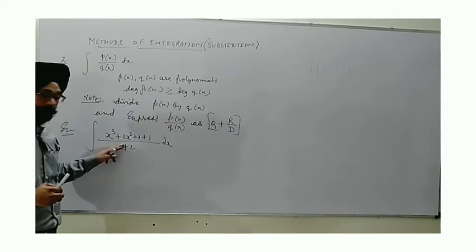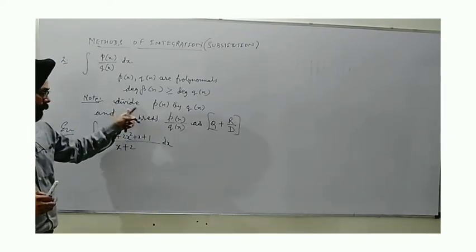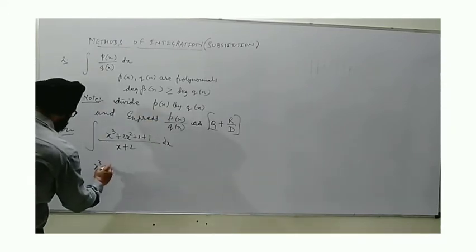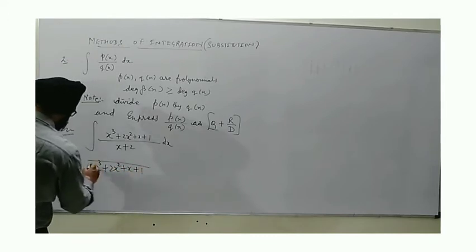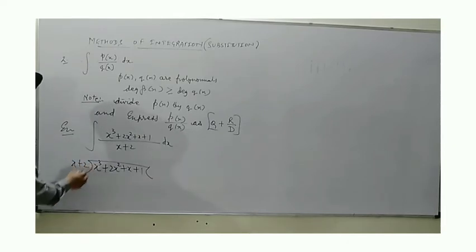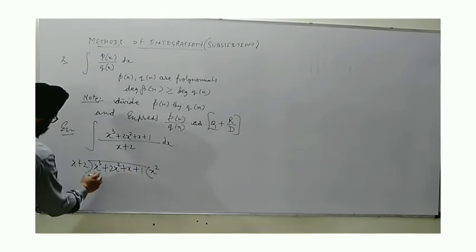I find this is x to the power 1. So 3 is greater than 1. Do not integrate directly. First of all, follow this rule. Divide px by qx, yes, by long division only, x cube plus 2x square, or the direct factorization method, if you know, that also can be applied. x plus 2, if I do so, we will get here by division, this is x square.